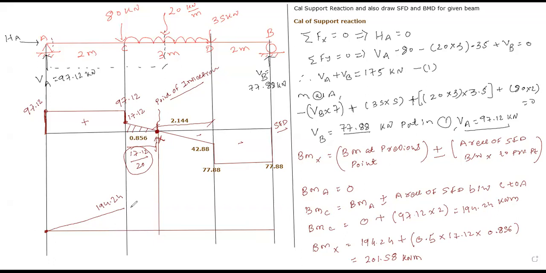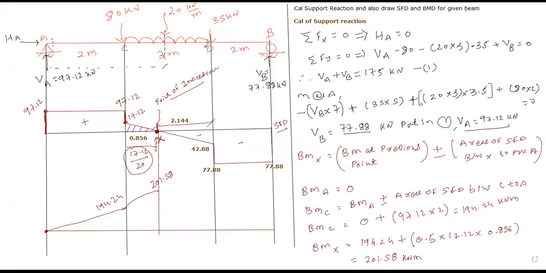What is the shape of the bending moment diagram between x to c? Arc. Okay, please give me the answer in English. Don't write in Gujarati. So the nature of the diagram will be a parabolic curvature, because of UDL. If there is UDL, a second degree parabolic curvature will come. The value is 201.58. I hope it is clear.